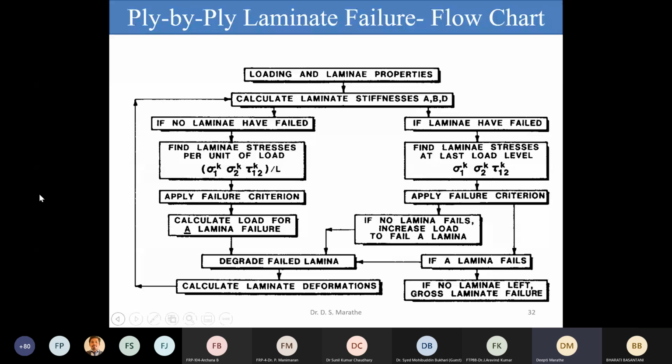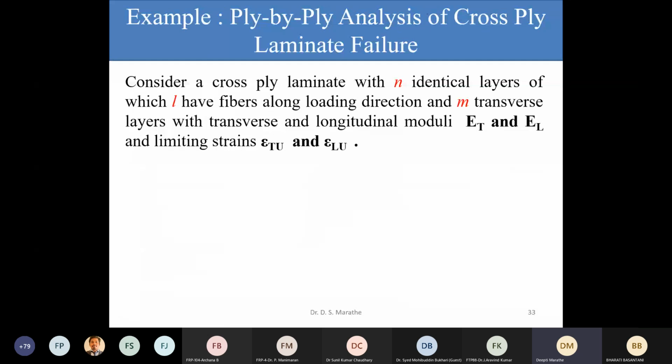So now if I take an example of this, I have a cross ply laminate. Now you know what a cross ply laminate is. It has 0 and 90 degree alternating plies. Also, say I have n identical layers, of which L have fibers in the loading direction, and M have transverse layers with transverse loading.